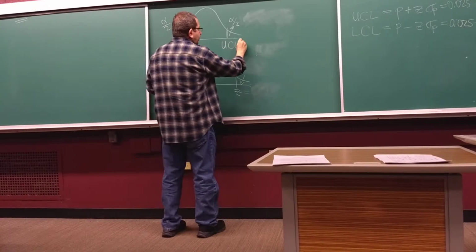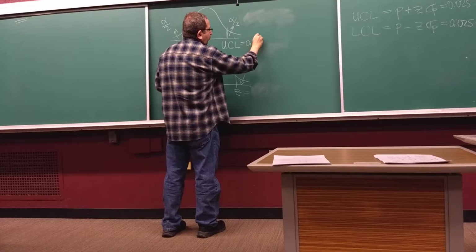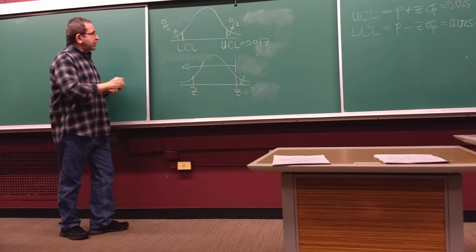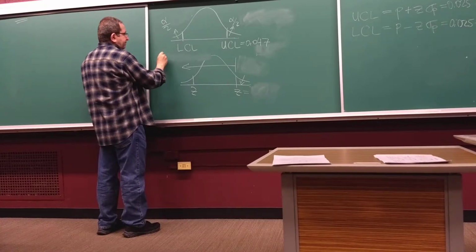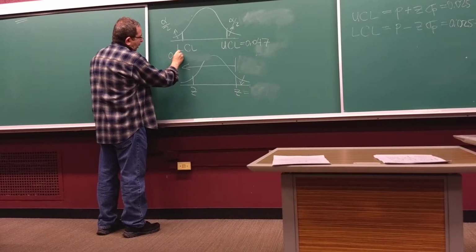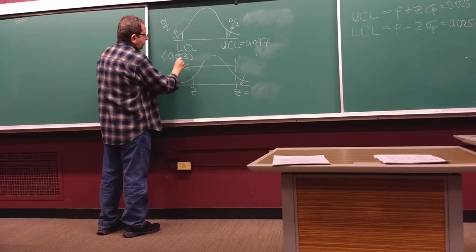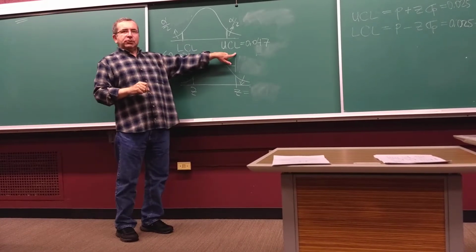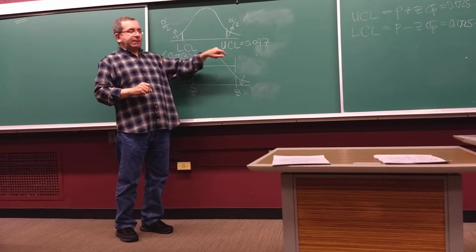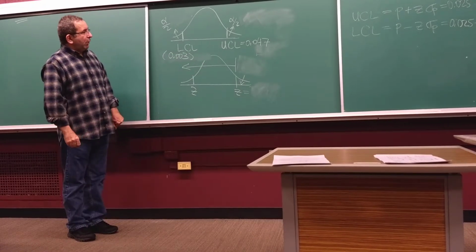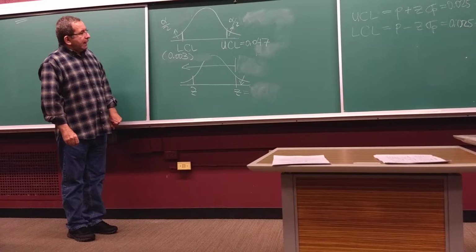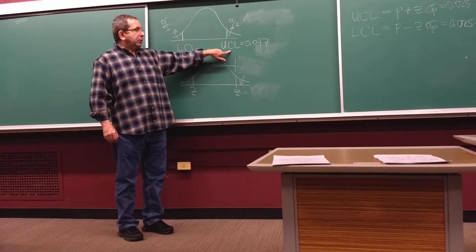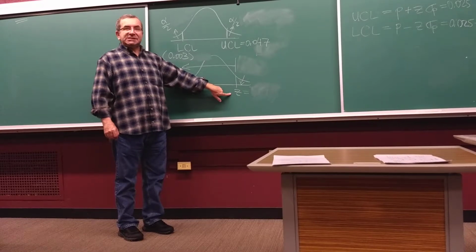The upper control limit is 0.047, and the lower control limit is 0.003. Okay, this is the lower control limit. This is the upper control limit. From here we can go find the corresponding z-value.